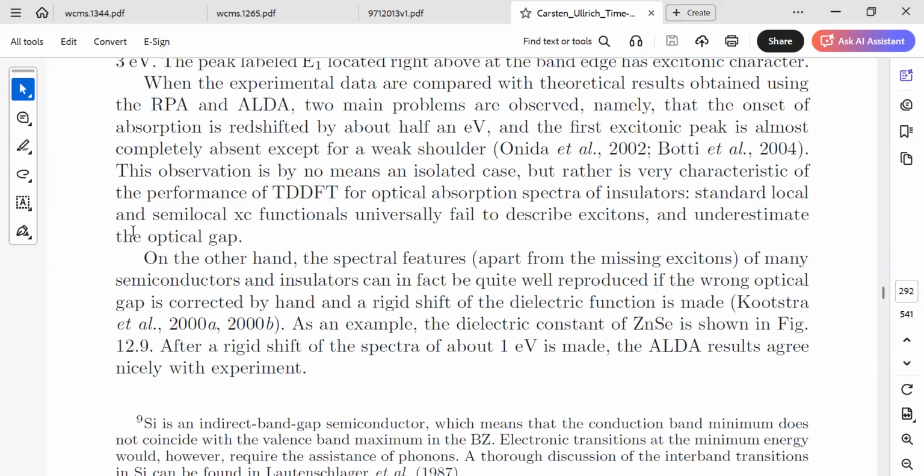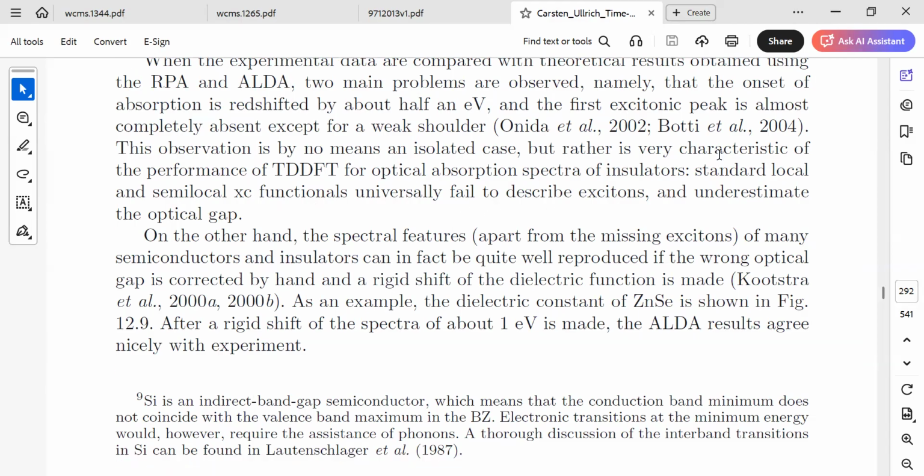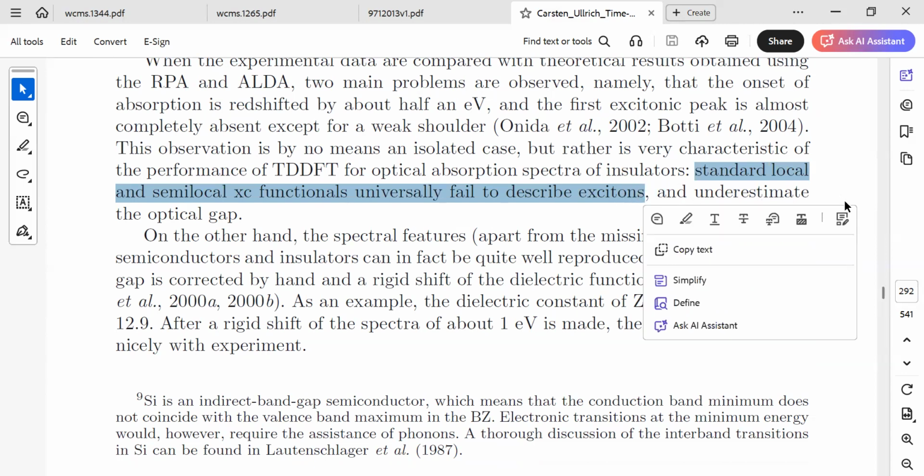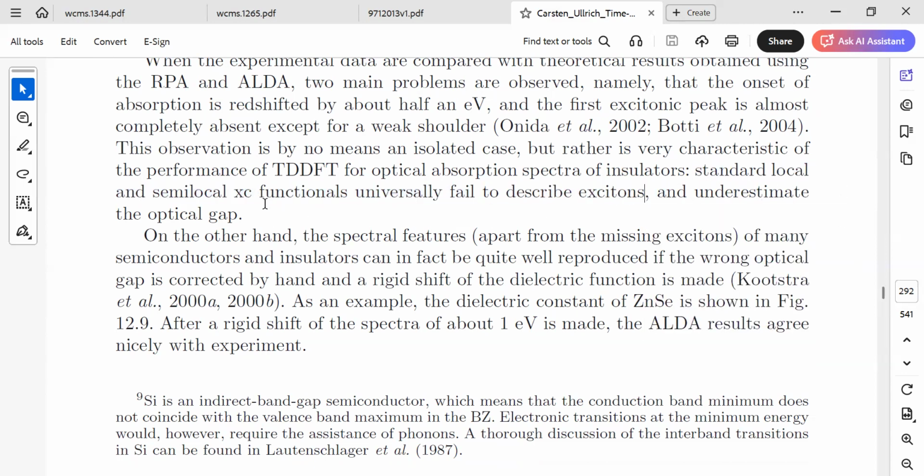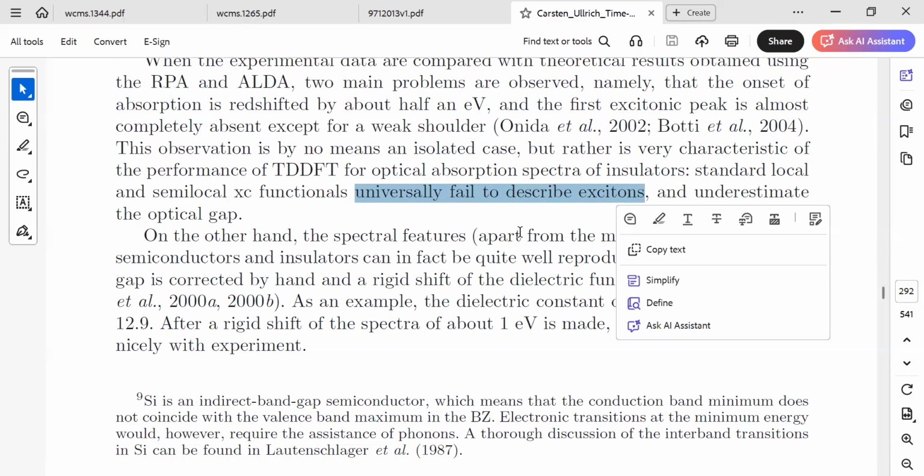Standard local and semi-local exchange correlation functionals universally fail to describe the excitons. So this is the problem with DFT. Because in DFT we use local or semi-local exchange correlation functionals, and they universally fail to describe excitons.